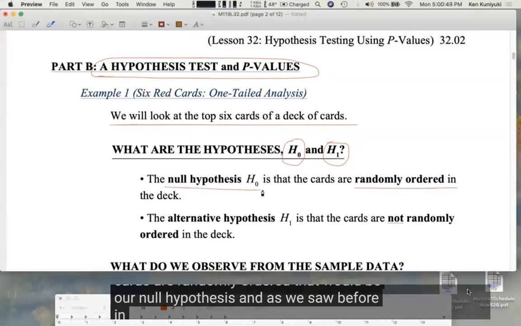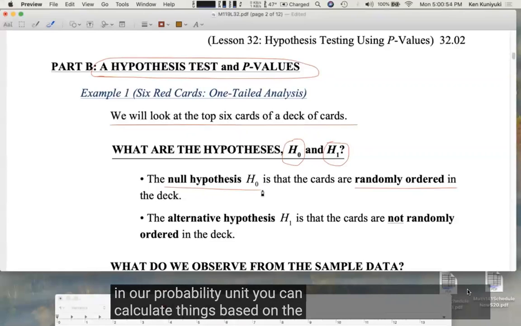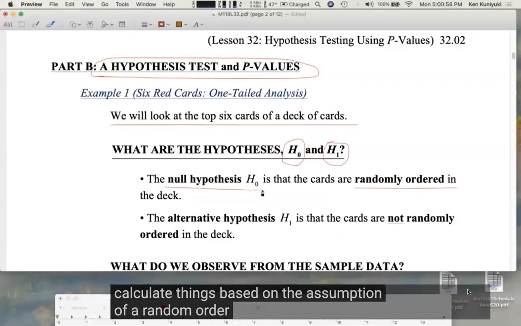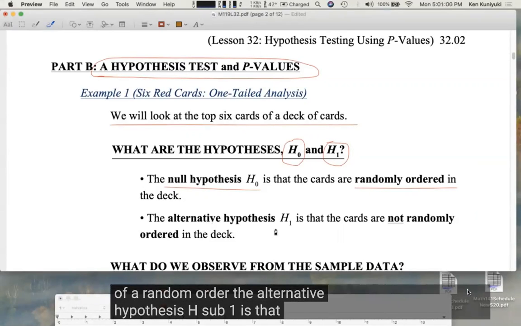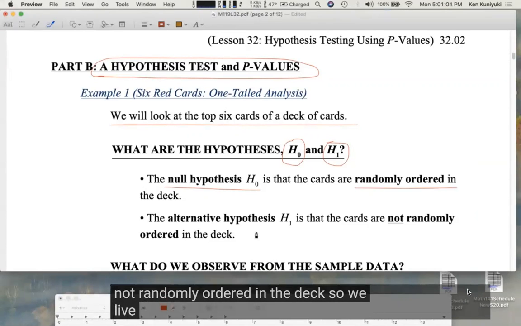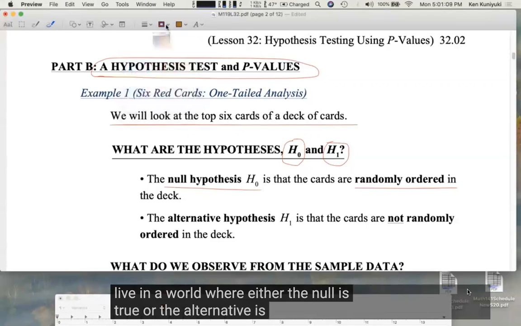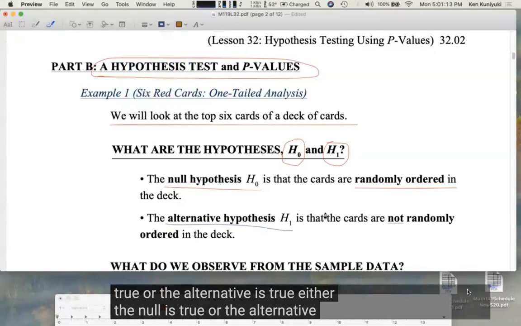And as we saw before, in our probability unit, you can calculate things based on the assumption of a random order. The alternative hypothesis, H sub 1, is that the cards are not randomly ordered in the deck. So we live in a world where either the null is true or the alternative is true.